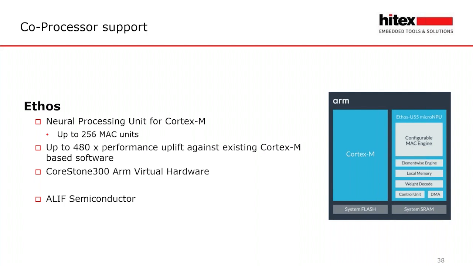It's scalable, but it can provide up to 256 multiply accumulate units, and this gives us a performance boost of up to 480 times. Although there's very limited hardware at the moment, you can experiment with it within the virtual hardware models. And in our more detailed webinars, we'll provide examples that will run on the simulation model.